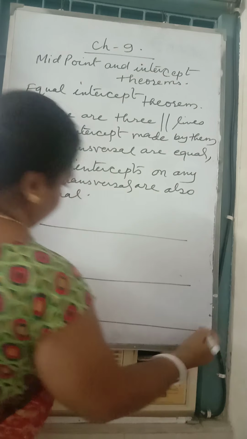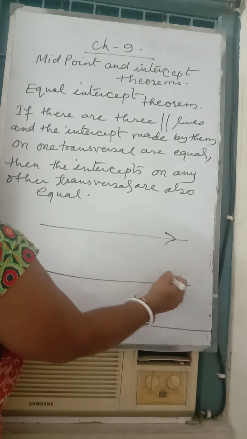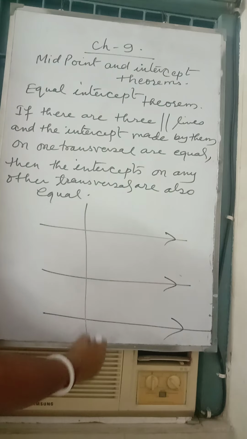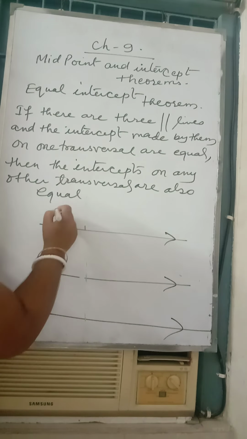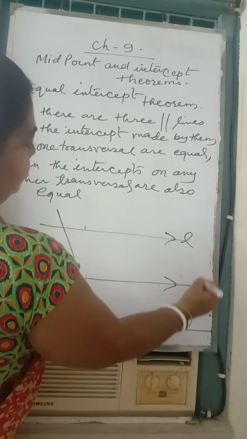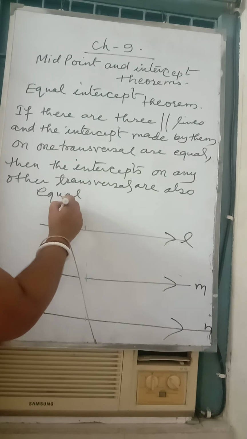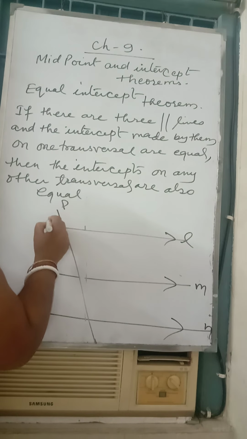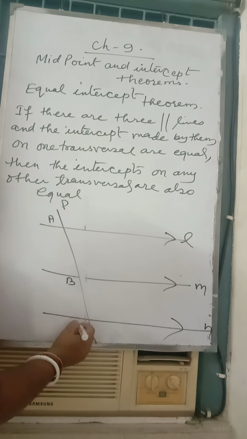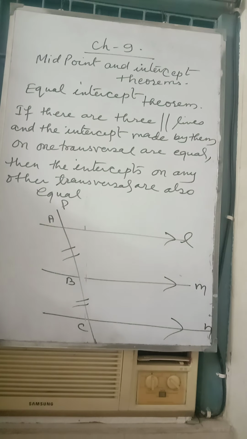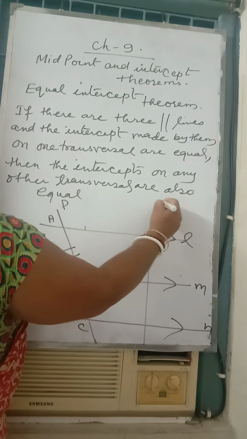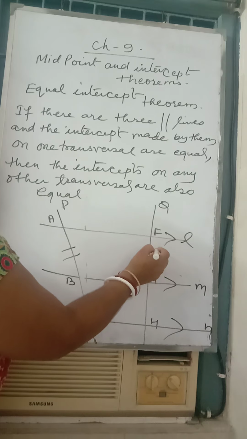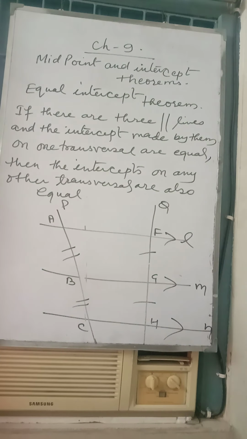The meaning is you have three parallel lines. Just example, these lines are parallel to each other. Now there is a transversal, maybe L, M, N, and this is P. If it is A, B, C, if AB and BC are equal, so if any other transversal also comes as Q maybe, which is intersecting at F and G, H, so FG and GH also will be equal.